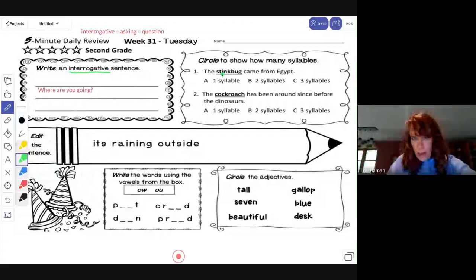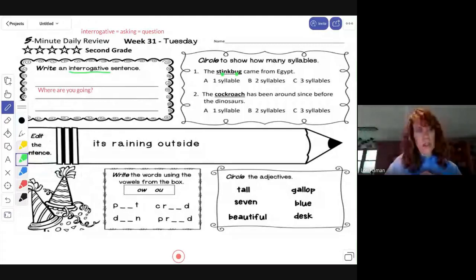So if we can dot every vowel and then double check that they aren't vowel teams, or R controlled, or silent E. Here we see two vowels, so you would have to guess two syllables. You have to have one of those in each part.